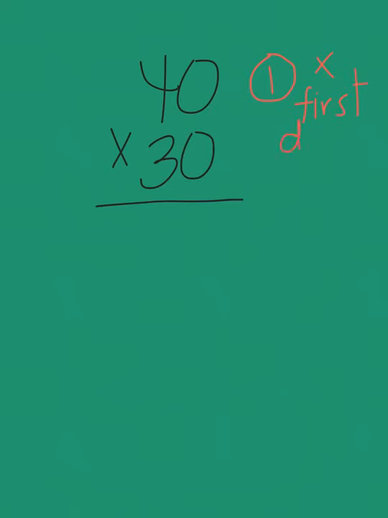We're going to start with 40 times 30. The first step is to multiply the first digits. The first digits in these numbers are 4 and 3. 4 and 3 multiplied together is 12.